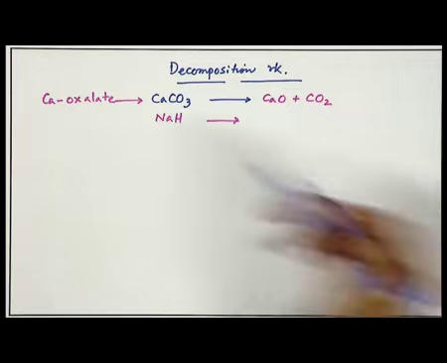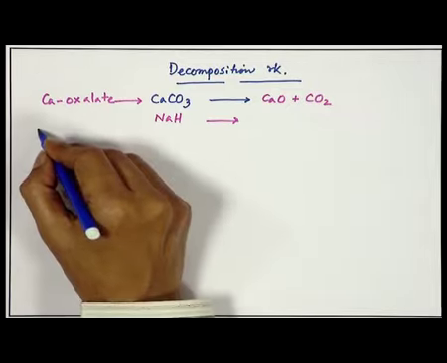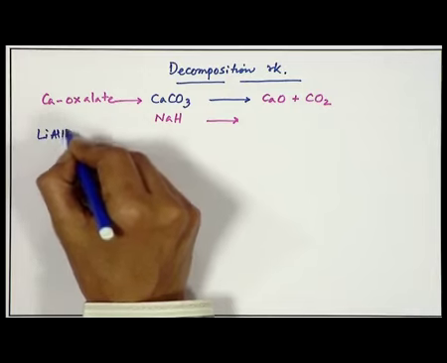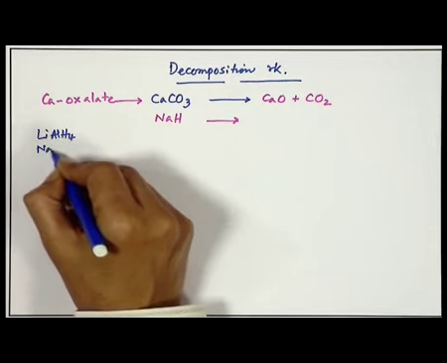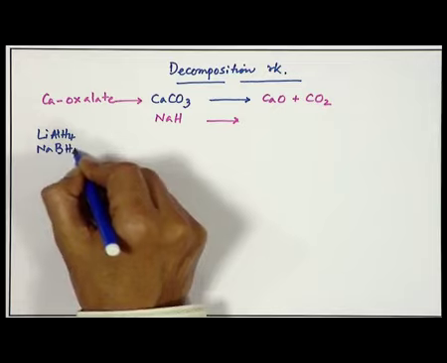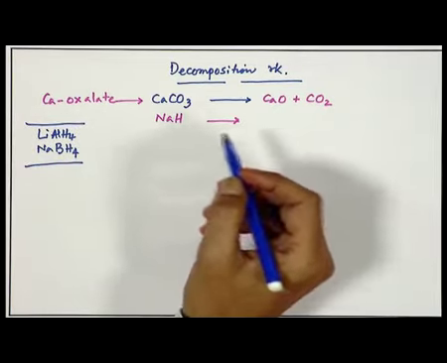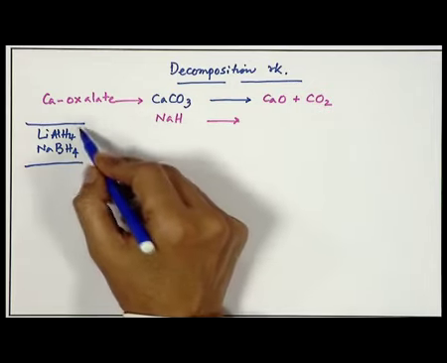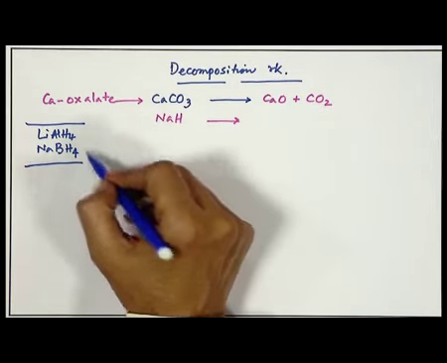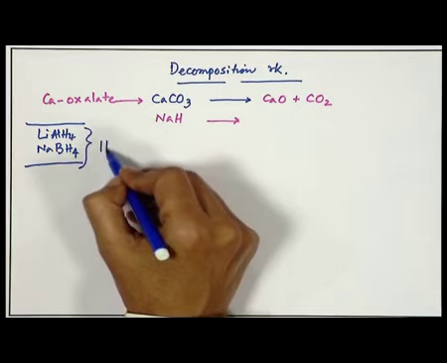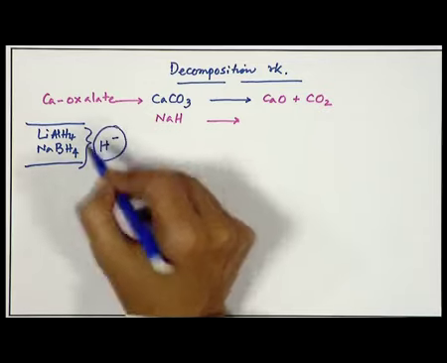In our previous class we talked about lithium aluminum hydride or sodium borohydride. So, these are the species where the thermal stability of these compounds is also important when we use them for some transformation or reduction, where they can supply the hydride ions.